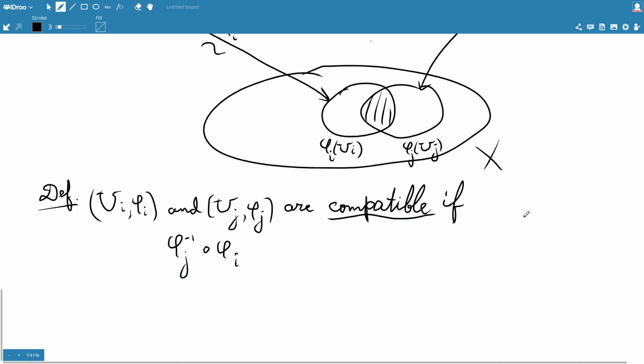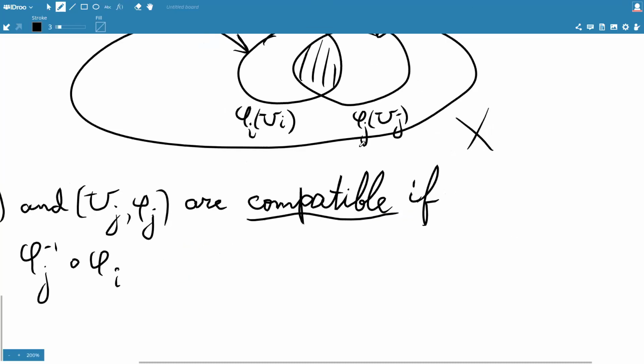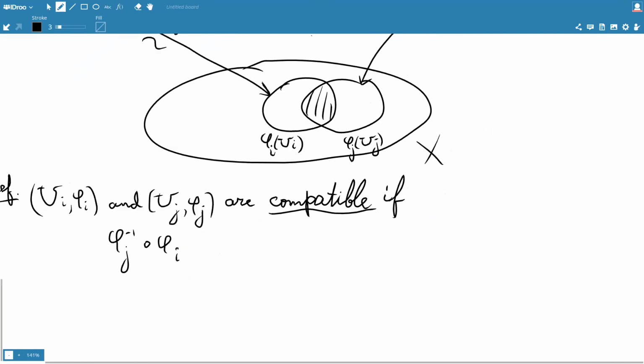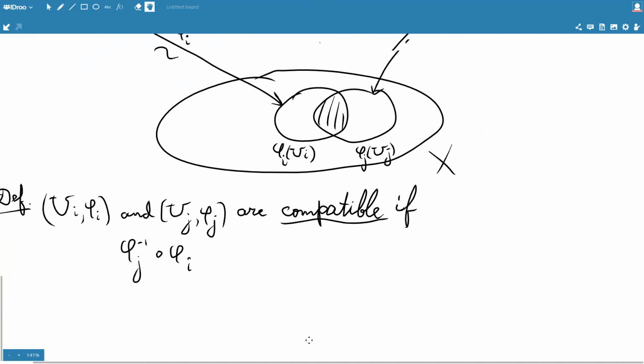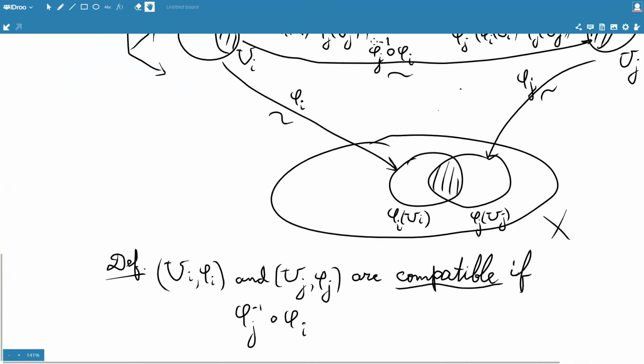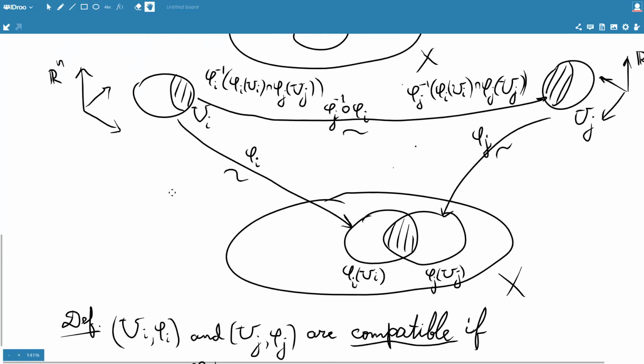Let me for convenience denote these two pieces, this one as U_ij and this one as U_ji.